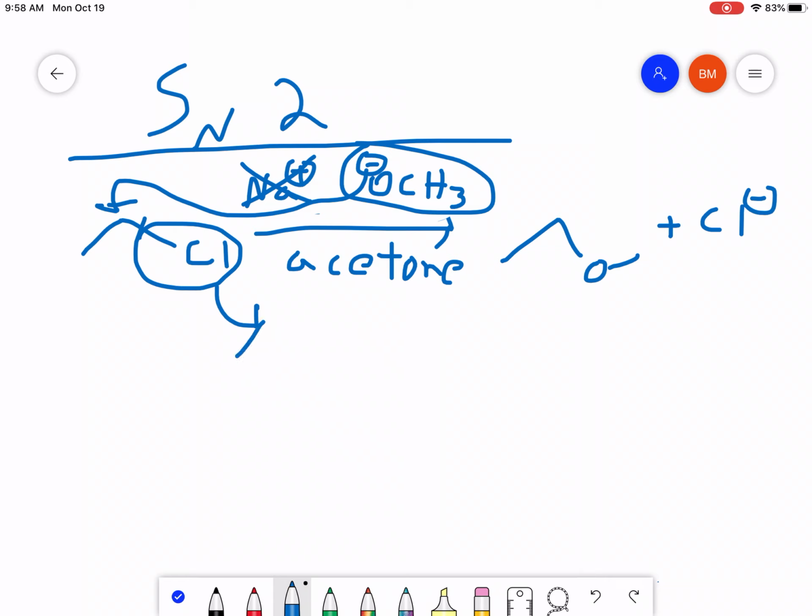And that is the mechanism. One thing that you'll notice is that this all happens at once. It's one step. Everything happens together. This is going to be very typical of an SN2 reaction. They follow concerted mechanisms. Everything happens together.